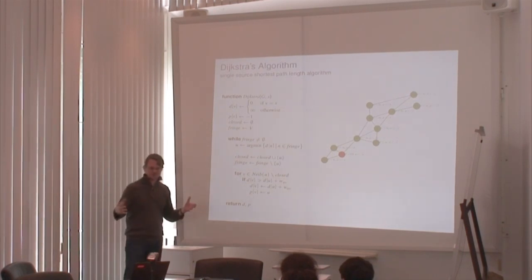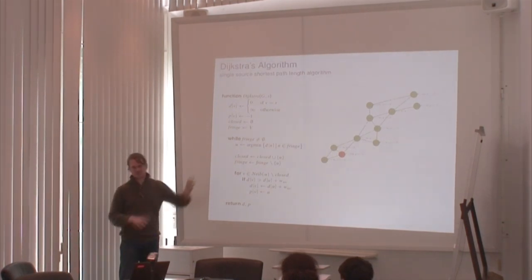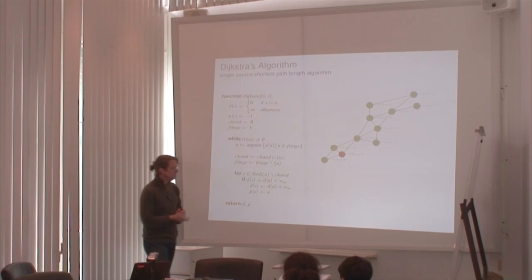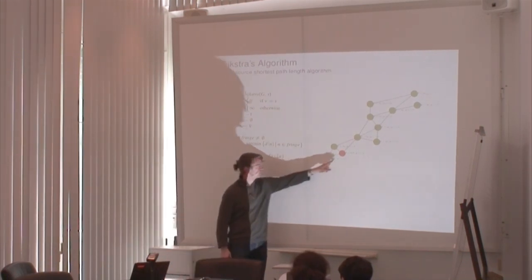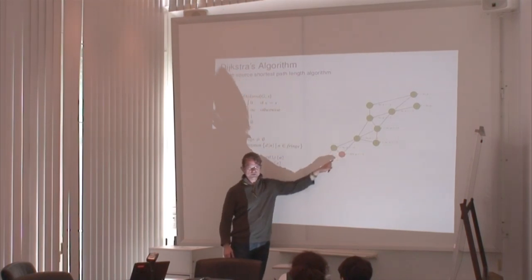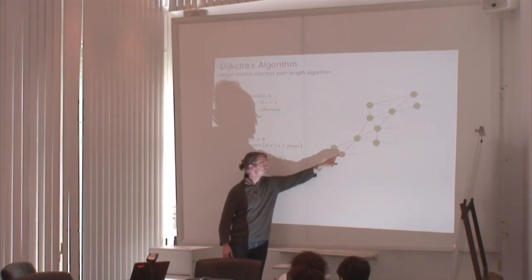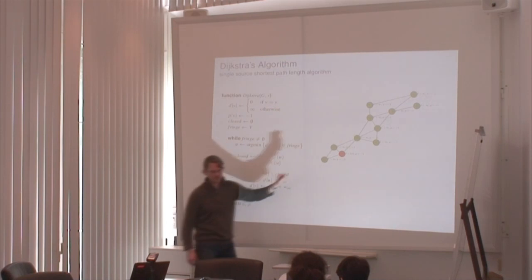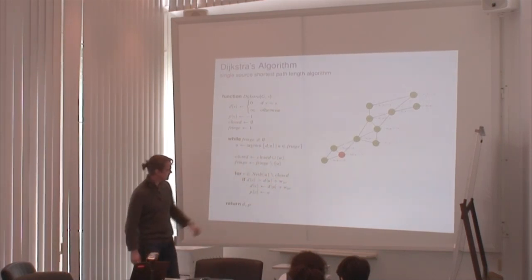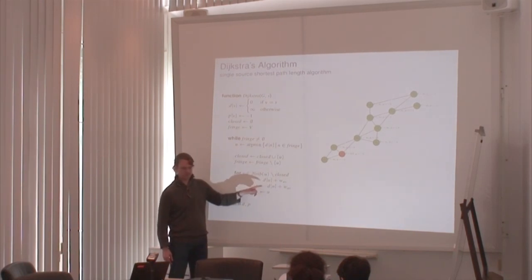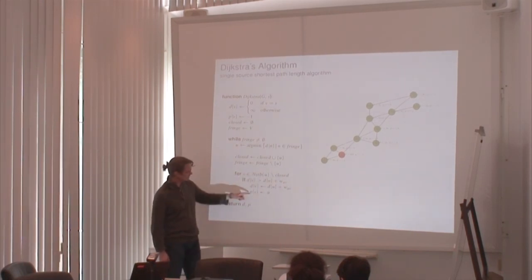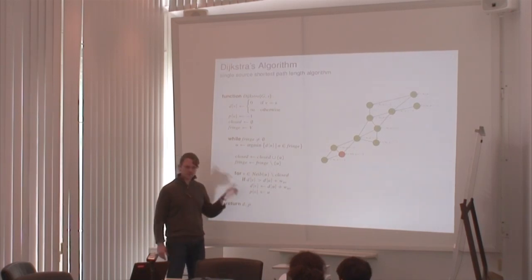Say it's the distance between two spatial locations attached to these nodes. If the current distance value is larger than the distance value of this node plus the length of the path from here to there, it's a weighted graph, then we update the distance of this node to this value here. And we say that the node U we expanded is a predecessor of V.